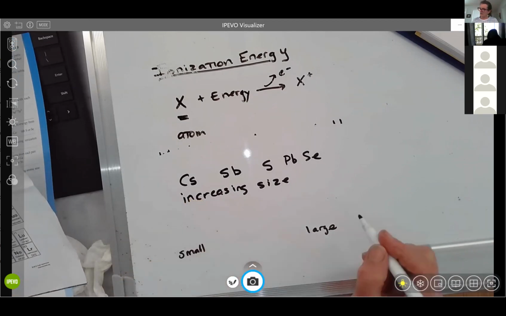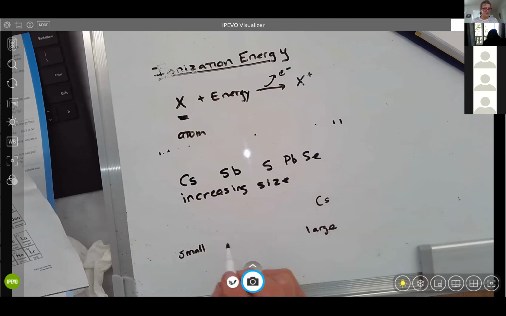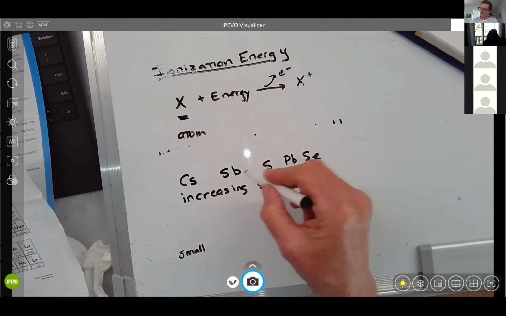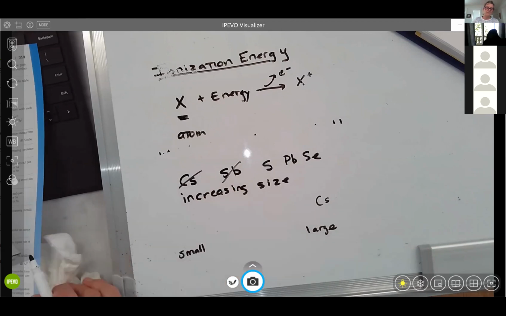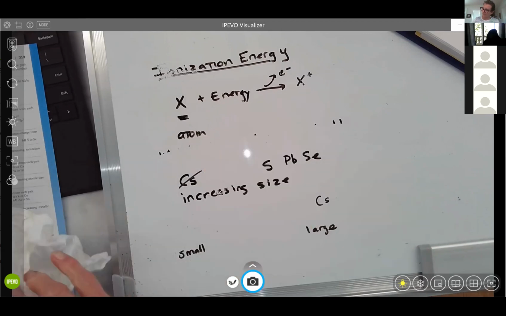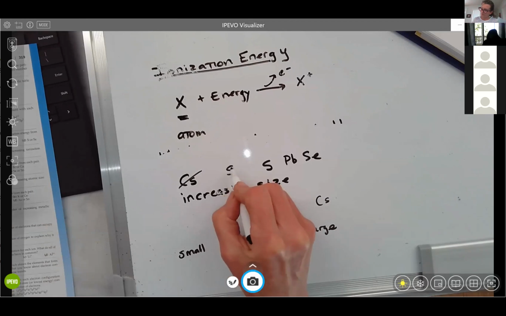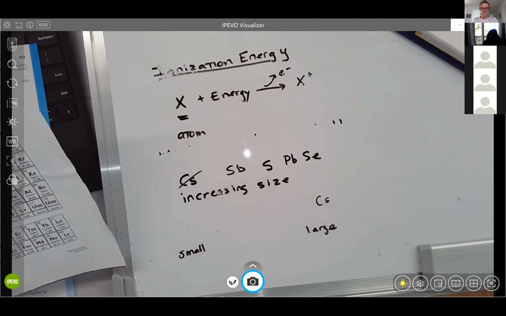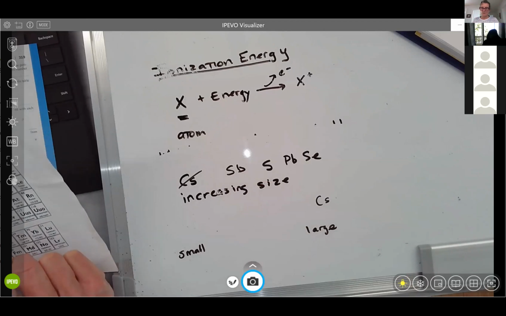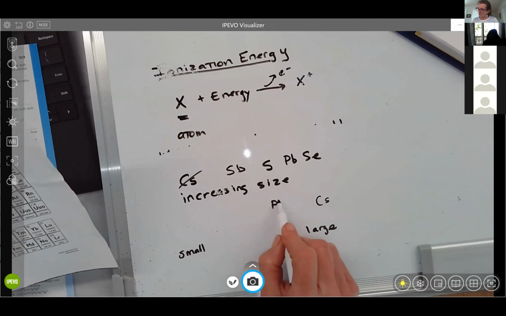Then what? Okay. S, Pb. Oops, I crossed out the wrong one. Lead will be smaller, right? Where's lead?